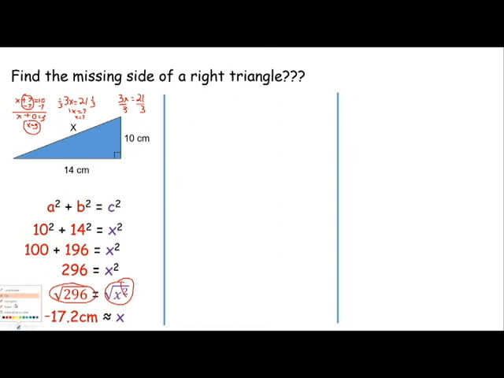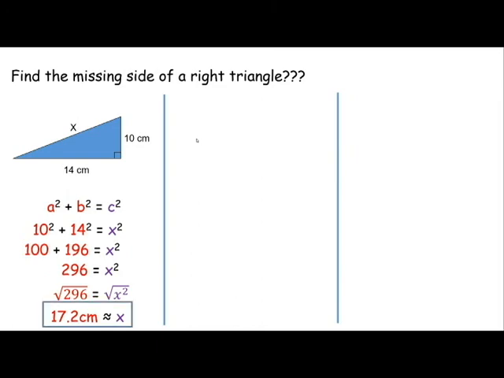For now, in this part of our unit, suffice it to say that we're just going to use the positive answer because our distance or our length should be a positive number. So we're just recognizing that this is one of the two answers, but it is the one that is most appropriate for a distance problem, like the distance of this line.